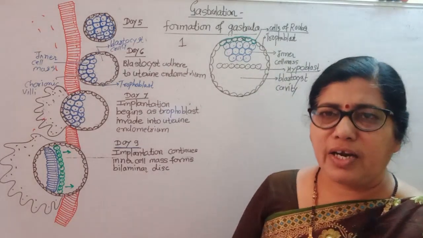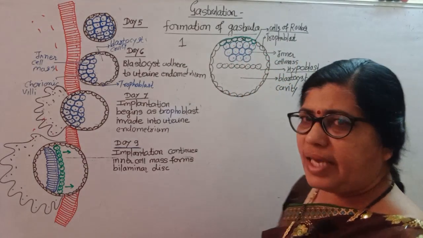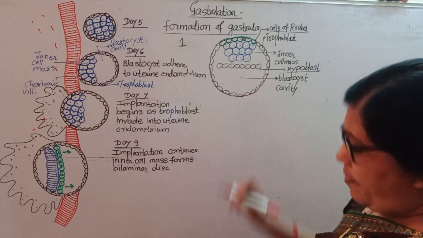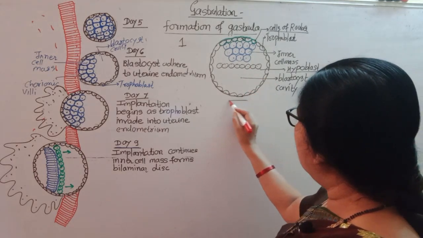These are the endodermal cells which differentiate first from the inner cell mass. So this is the hypoblast. Then the second step, diagram number 2.